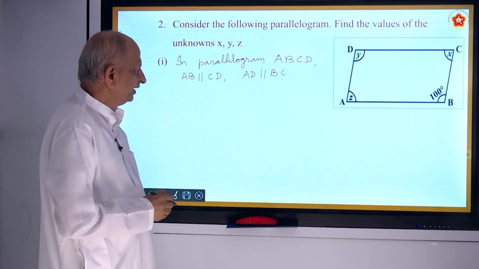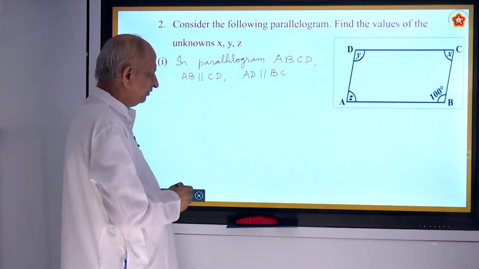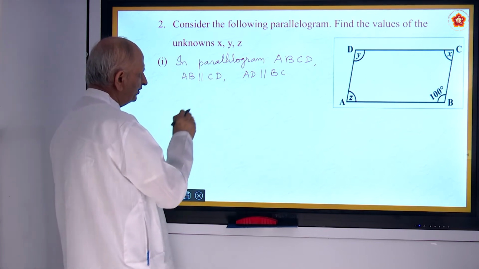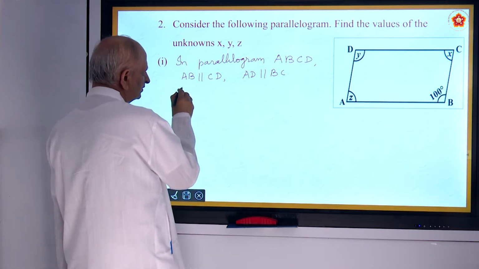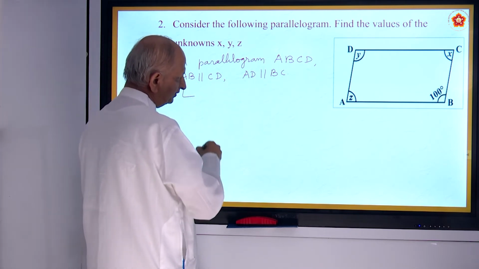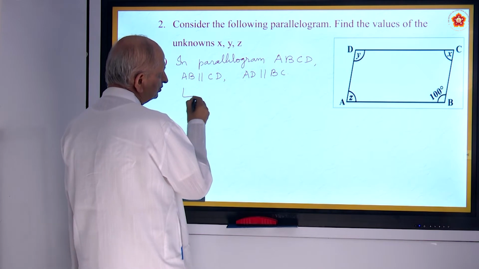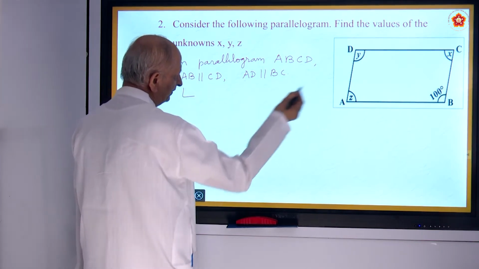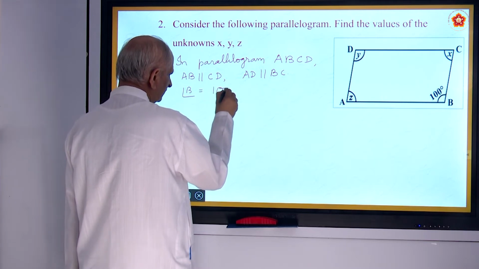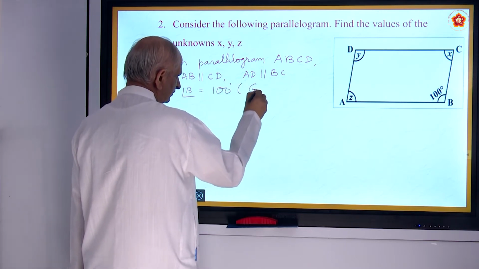Now, because we are dealing with the angles now, so AB is parallel to CD means what? Angle, opposite angles are equal. First we will do that. So, angle X, so you are given with the angle B. Angle B is given to be 100 degrees, that is given.